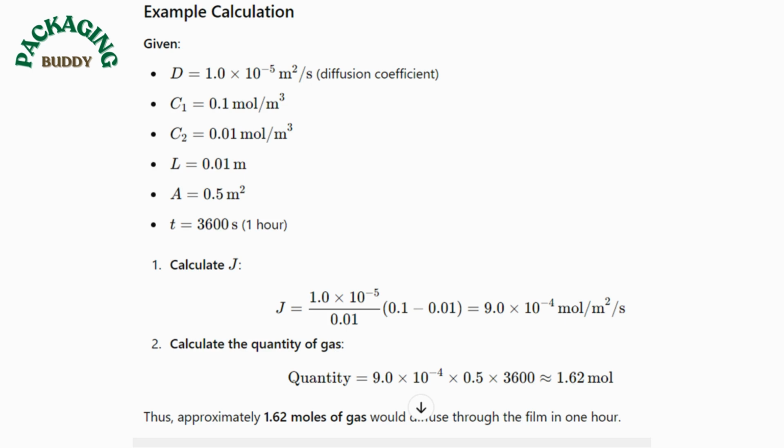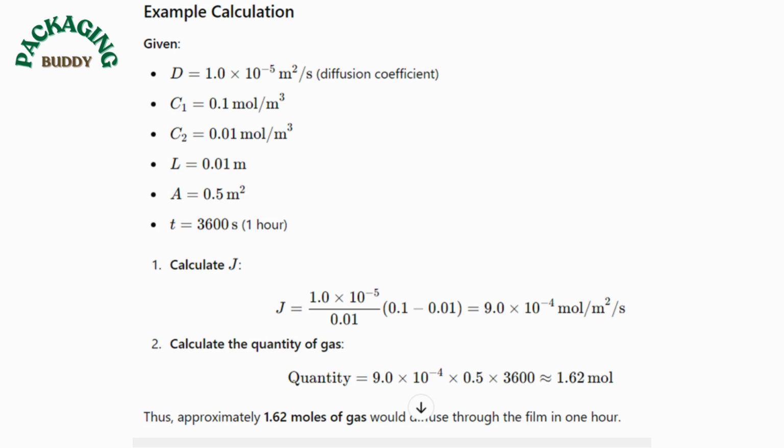C1 equals 0.1 mole per meter cube. C2 is equal to 0.01 mole per meter cube. Thickness L is equal to 0.01 meter. Area A equals 0.5 meter square. Time T is equal to 3,600 seconds, meaning 1 hour.